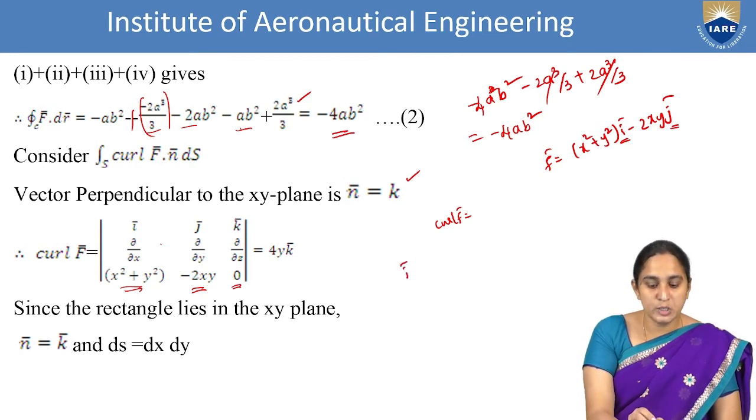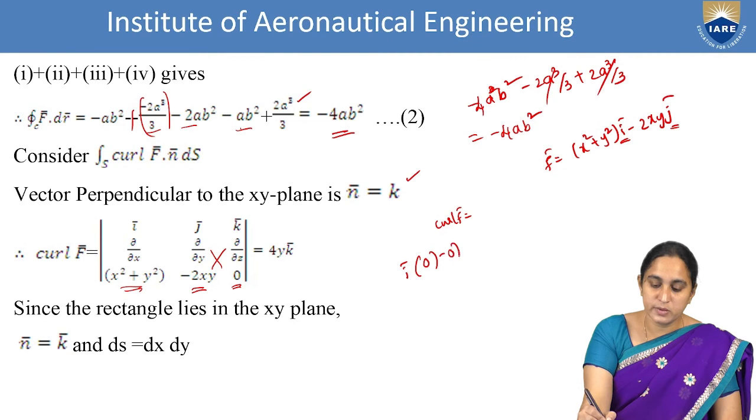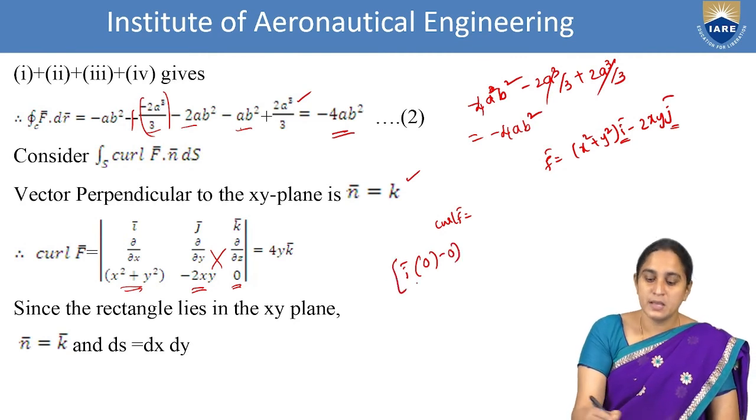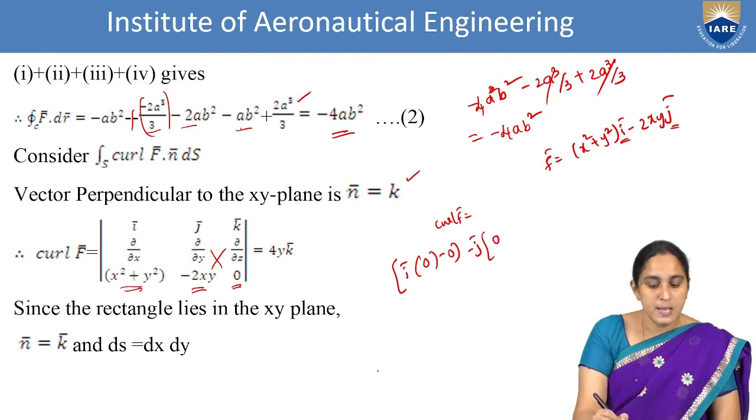The determinant of that is i bar into, neglecting the corresponding row and column, dou by dou y of 0 minus dou by dou z of minus 2xy, also 0. Minus j bar into dou by dou x of 0 minus dou by dou z of x square plus y square, also 0.